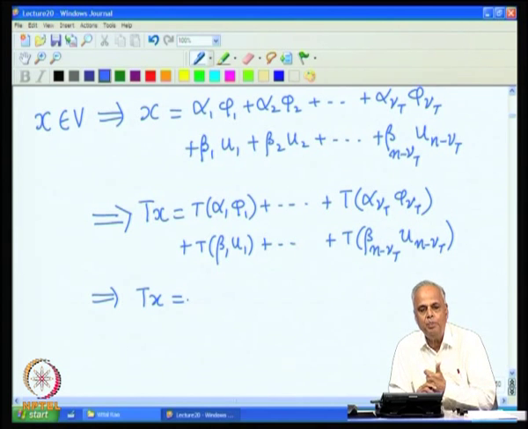Now, T also preserves scalar multiplication. So, T of alpha 1 phi 1 will be alpha 1 T phi 1, T of alpha 2 phi 2 will be alpha 2 T phi 2.